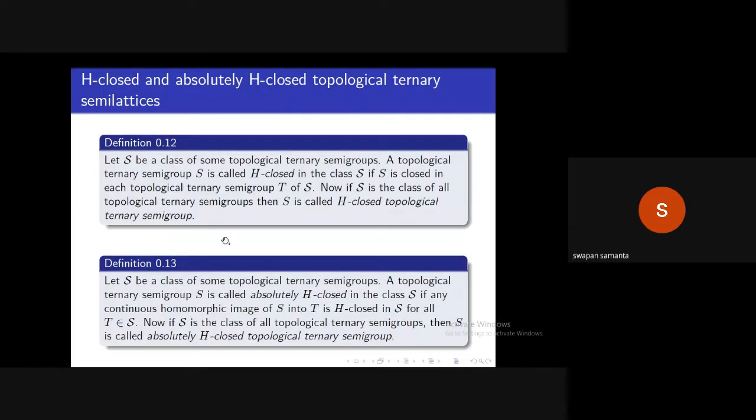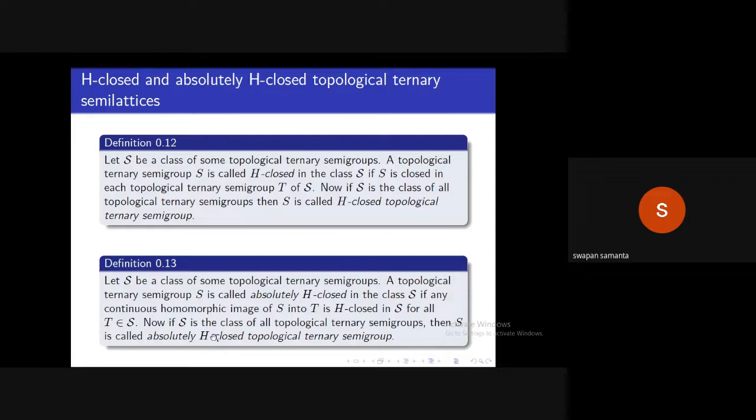Now we are coming to H-closed and absolutely H-closed topological ternary similarities. We are considering a class of topological ternary semigroups. A topological ternary semigroup S is called H-closed in this class if S is closed in each topological ternary semigroup T in the class. Now, if we consider the class as the whole of topological ternary semigroups, then we call it an H-closed topological ternary semigroup.